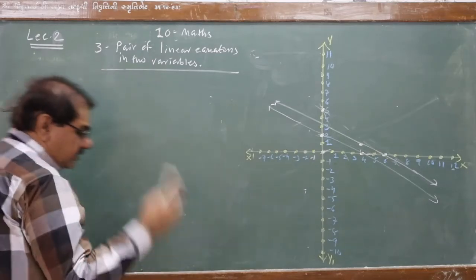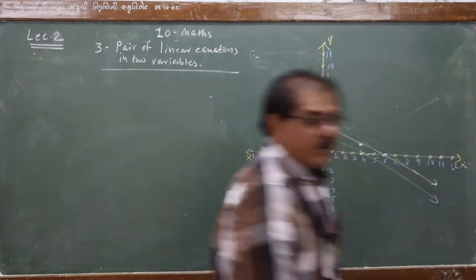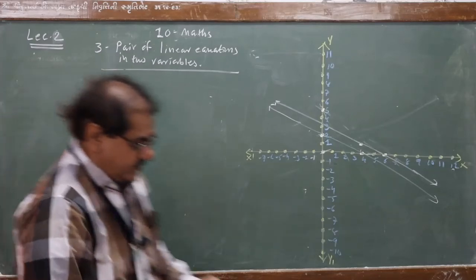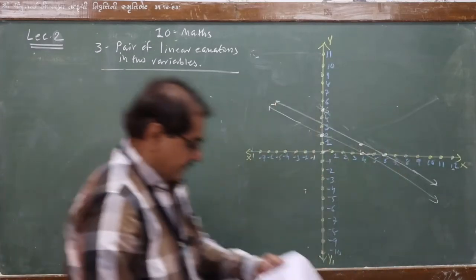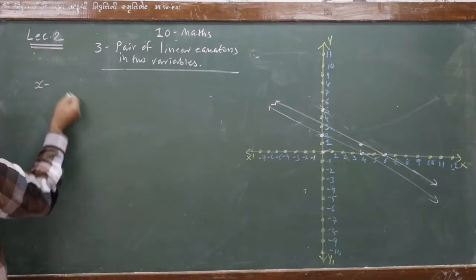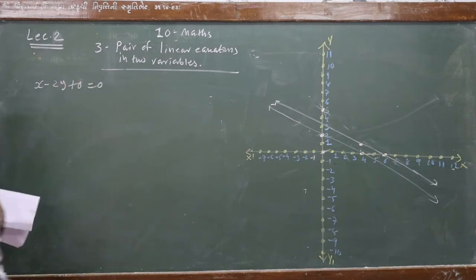So now on this base, we again take all the paired equations and we understand them in the form of a1, b1, c1. So the first equation that we took of Akhila is x minus 2y plus 0 equal to 0.